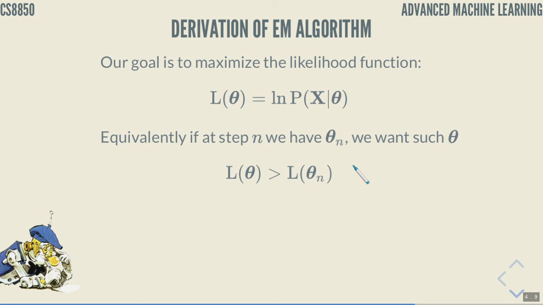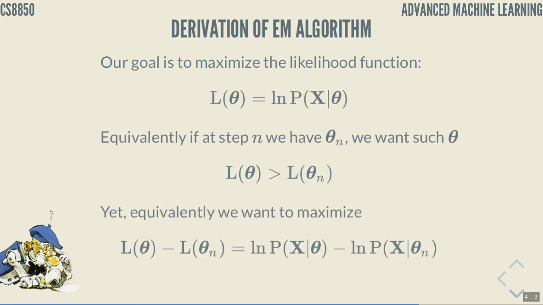And definitely we don't want less, we don't want to minimize, we want to maximize the likelihood. That is, we want to obtain a value that is greater than what we have right now. Equivalently, we want to maximize the difference of what we will have minus what we have right now in terms of the log likelihood.